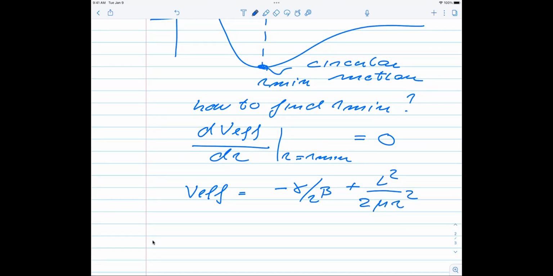Now, one of the things which you would actually need to do in a project is to find this R min for circular motion. So I'm just going to give you 2 to 3 minutes, and we just take the derivatives and find R min. That's okay. So just a small exercise, because this is something we will need in the second midterm.